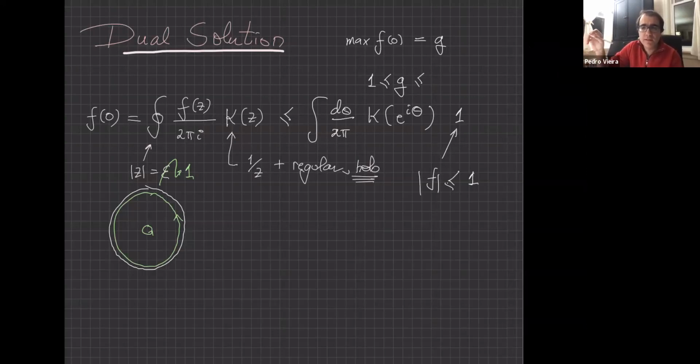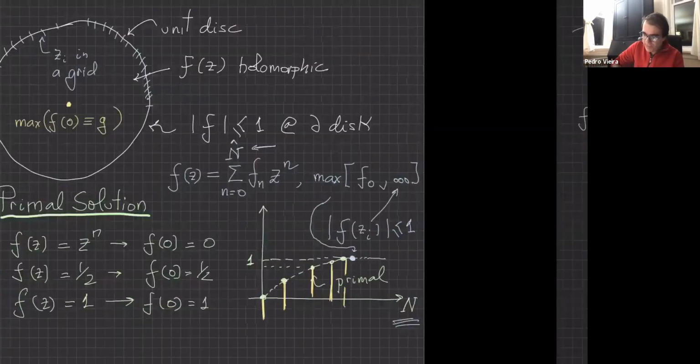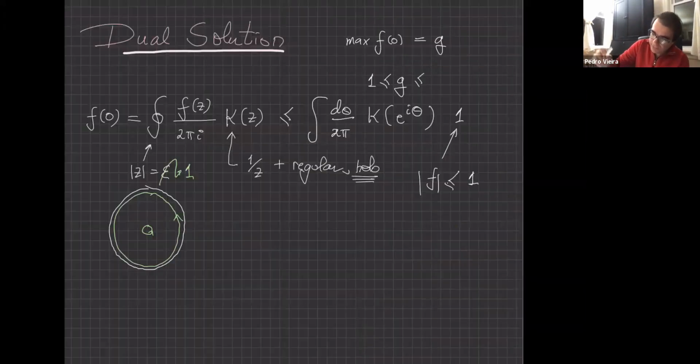Now, like before, you try examples, but now you write examples for k. You try any k you want. It can be k equal 1 over z plus 1/2. That works. You plug in this expression and you get some value. And then you take 1 over z plus z squared. No constraint on k: any function that has a pole at 0 works, provided the pole has residue 1.